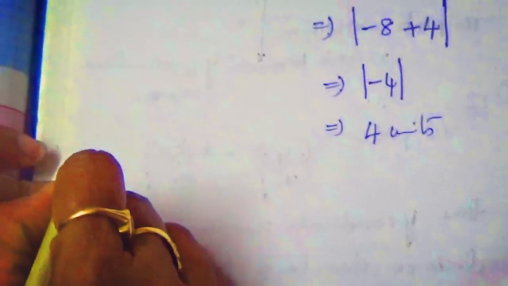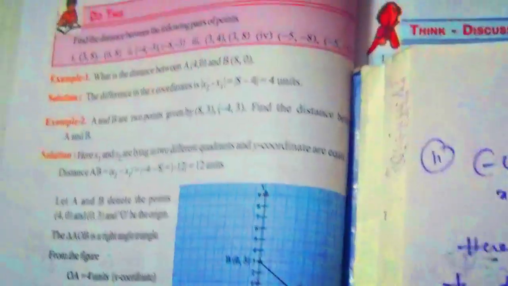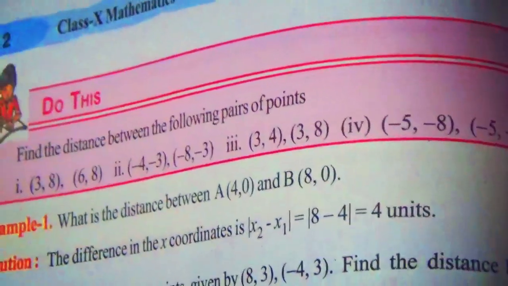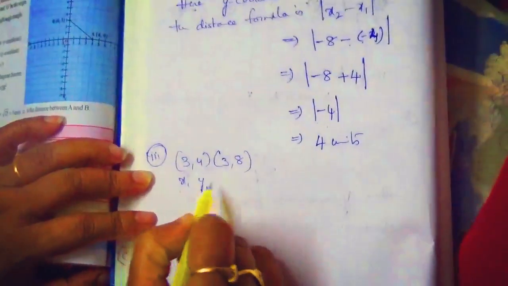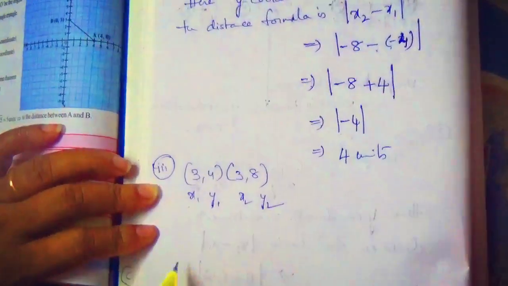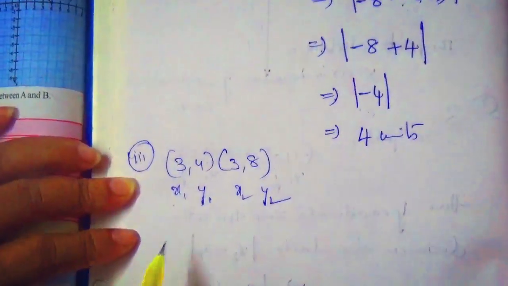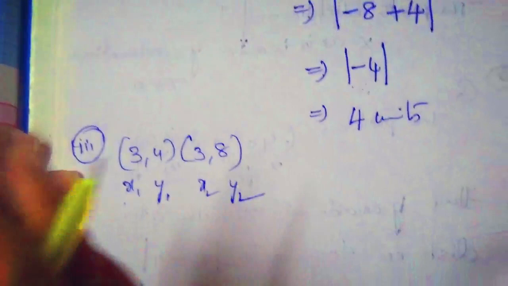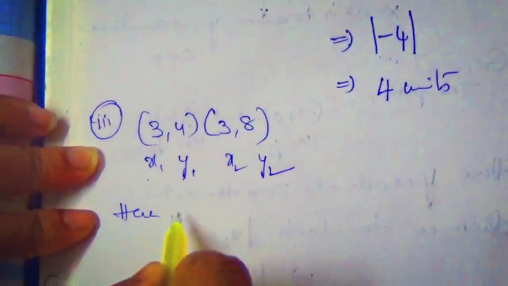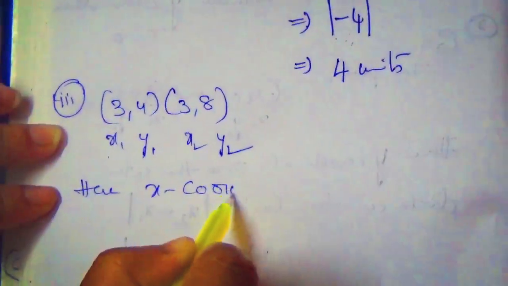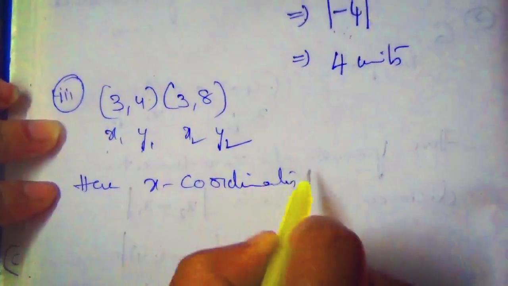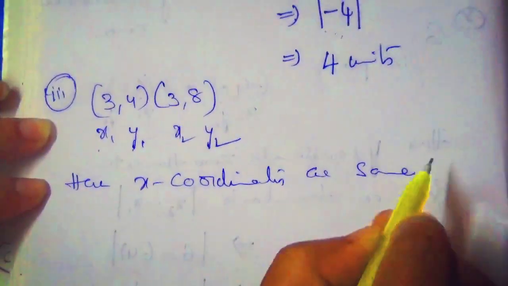Third sum: (3, 4) and (3, 8). Here x1, y1, x2, y2. Look, here the x coordinates are the same.